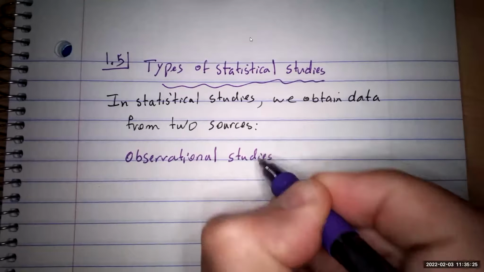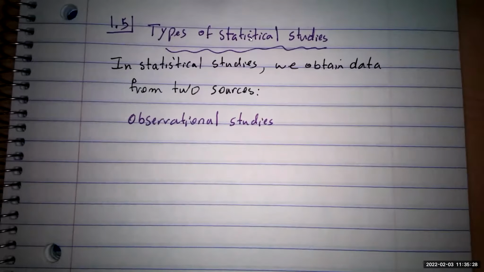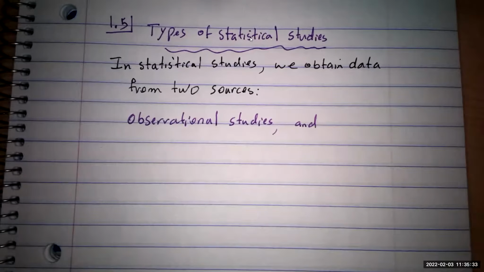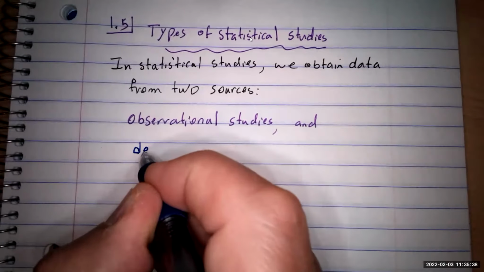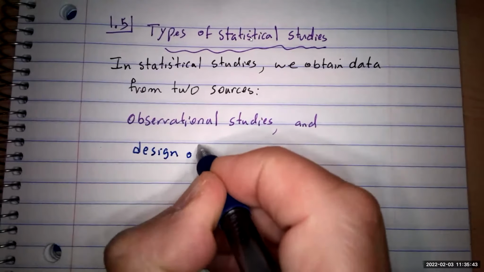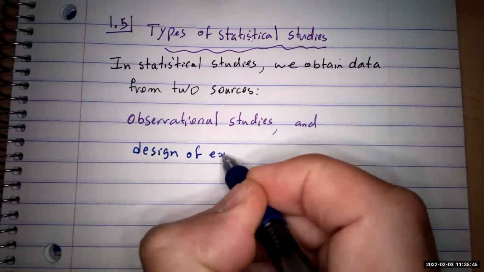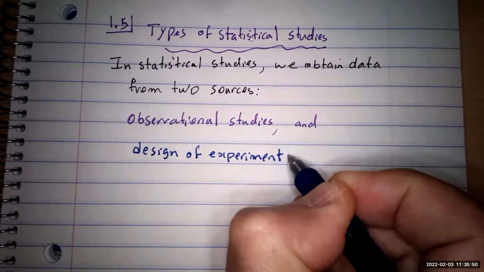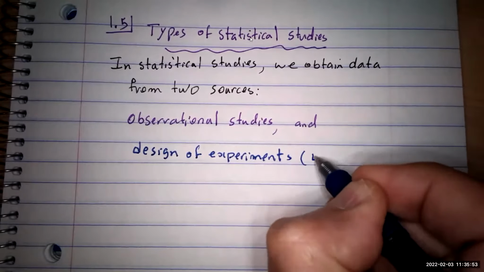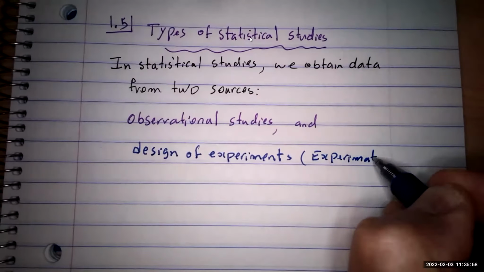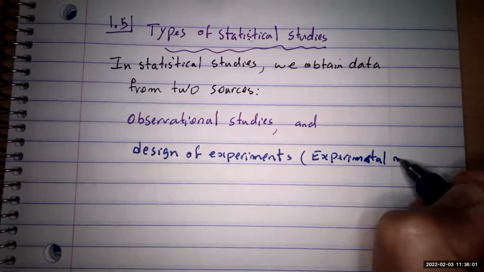One source is observational studies, and the other one is designing an experiment, or what we call the experimental method.